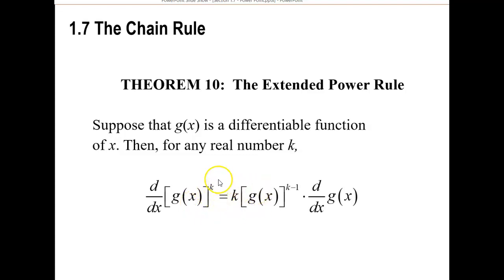The outer function, or the f in the previous formula, would be our power rule. So the k would come down to the front, like it does in our power rule. The g of x would stay on the inside, and the new power would be 1 less. That's applying our power rule to our g function. So that's the f prime of g times the derivative of g, times g prime.